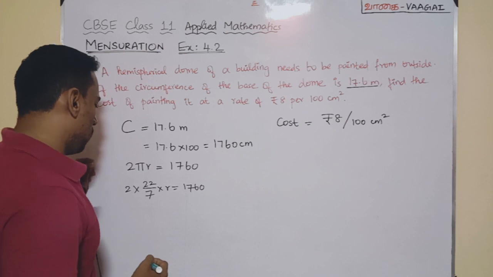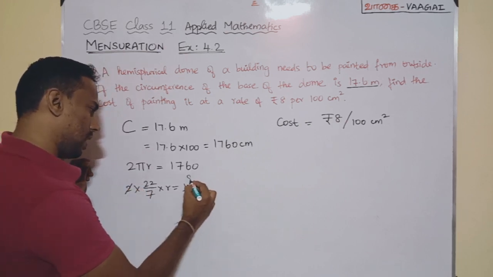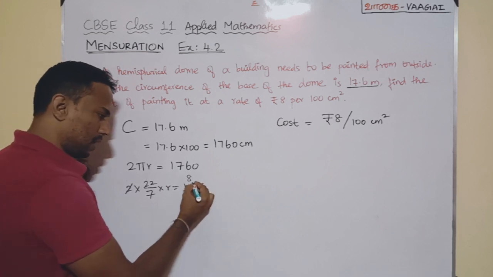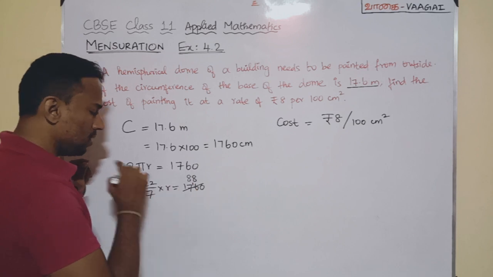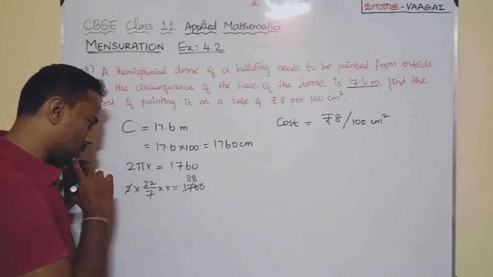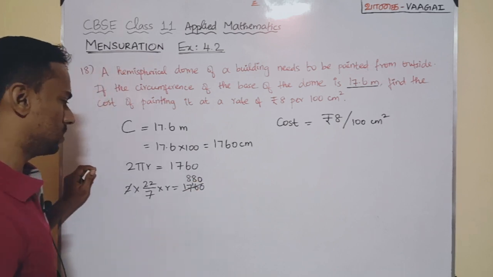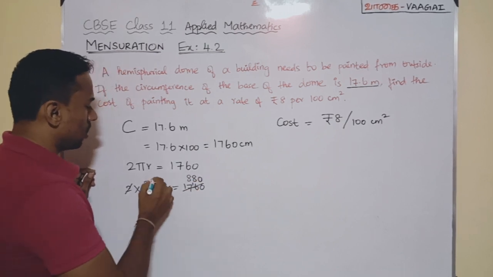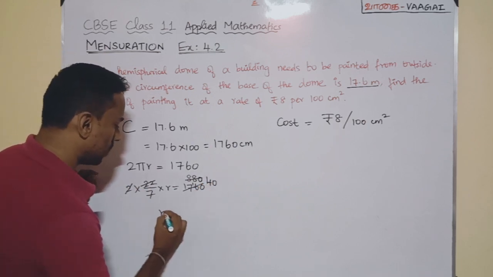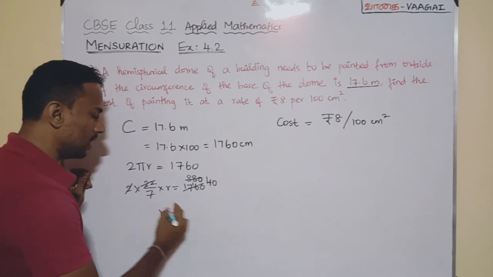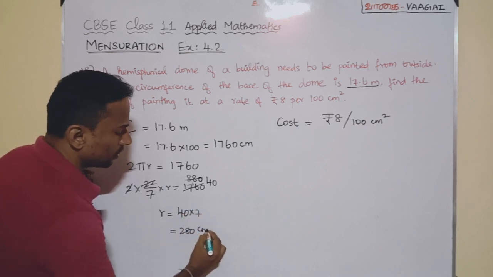Now I can cut this 2 and this 1760, for 8 times 2 is 16, 880. So we get 880, and once again I can cut 22 and 880 for exactly 40 times. So r is equal to 40 into 7, which is 280 centimeters.